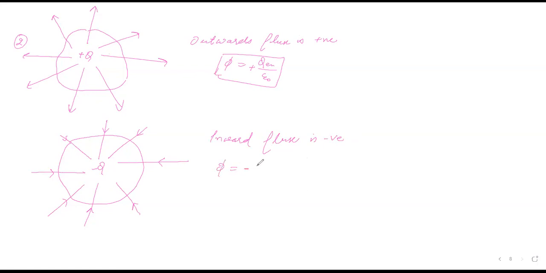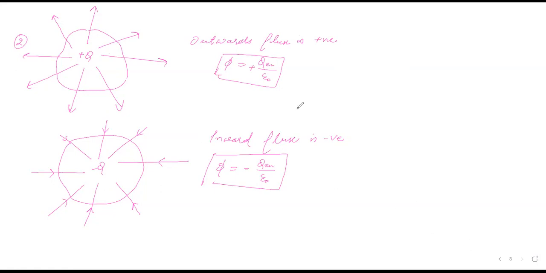You can write phi is equal to minus Q enclosed over epsilon naught. Note it down fast. Have you noted it?